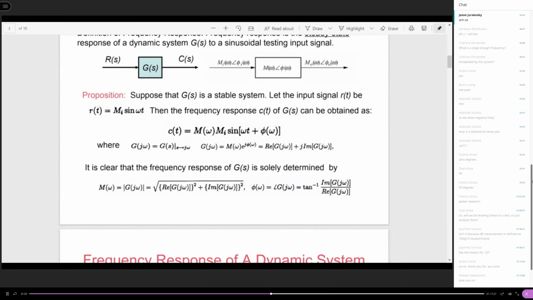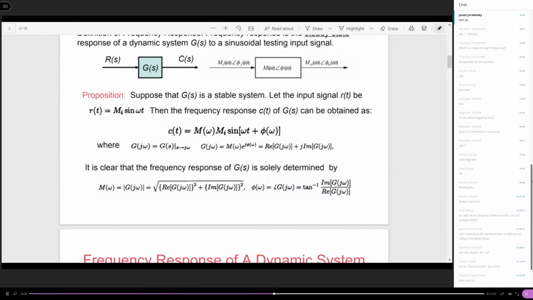So if you want to know whether the system will exaggerate or reduce the magnitude of an input signal at a certain frequency, you only need to check M of omega. Good enough. You only need to check M of omega.